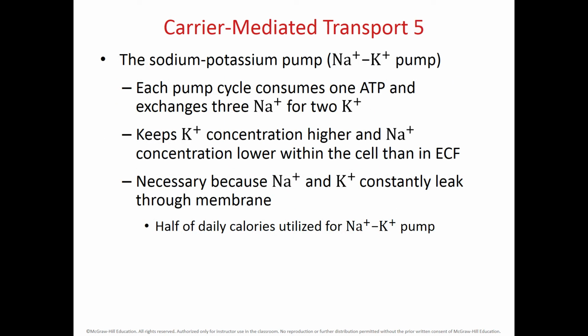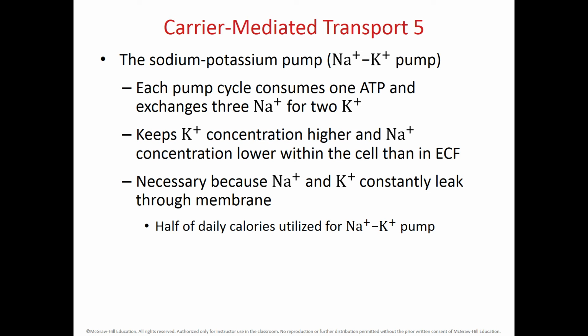Now, the sodium-potassium pump is found in many places in our body, and it uses so much ATP that half of our daily calories are used for the functioning of these pumps. They are especially located in excitable cells, like nerve cells and muscle cells.